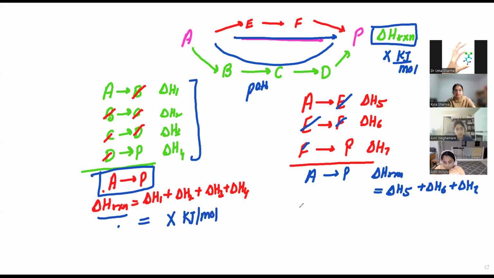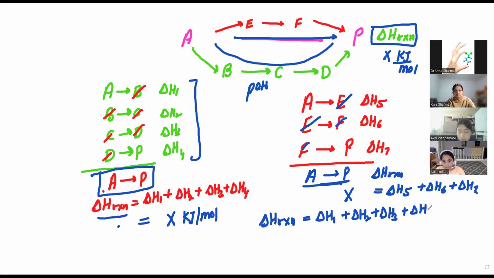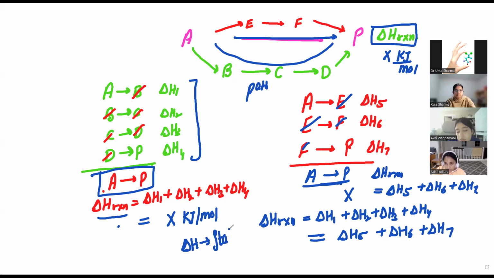And what is here, Kyra? X. So can I say whether I followed the green path or the red path, delta H of the reaction is delta H1 plus delta H2 plus delta H3 plus delta H4 and is also equal to delta H5 plus delta H6 plus delta H7, because delta H is a state function.